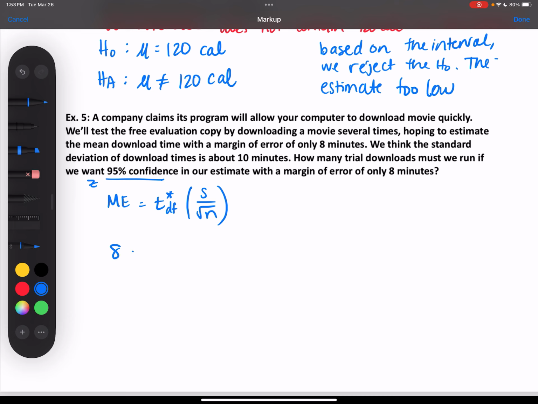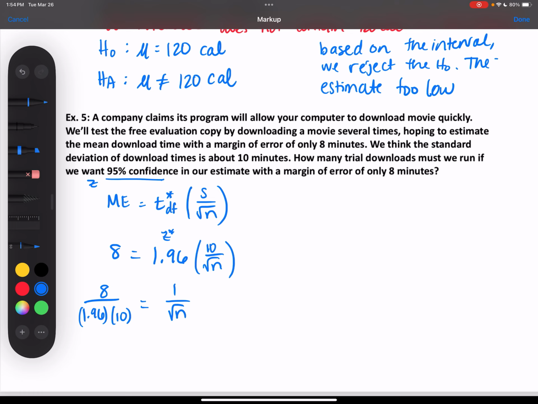1.96. So I'm going to have 8 is equal to 1.96, and you might just want to note that that's z star instead, times 10 over the square root of n. So I am dividing by 1.96 and dividing by 10, so 8 over 1.96 times 10 is equal to 1 over the square root of n.